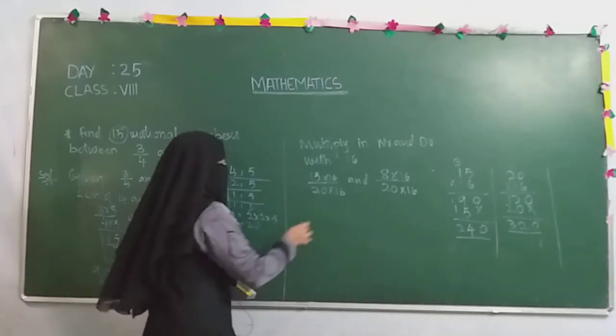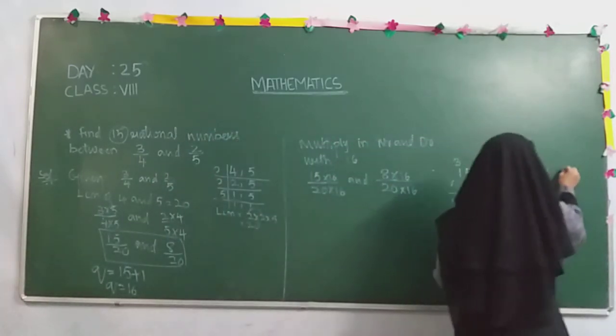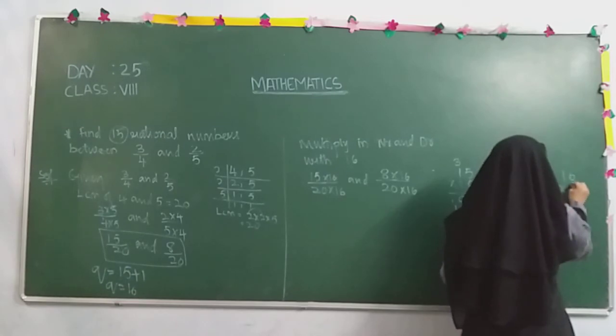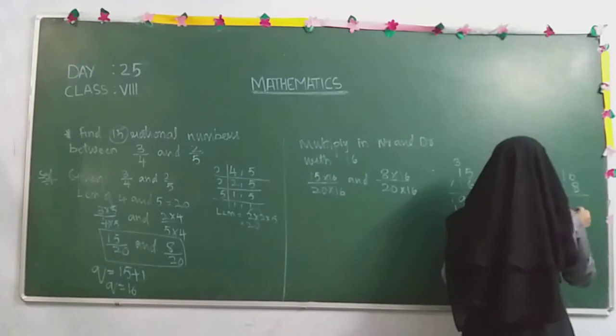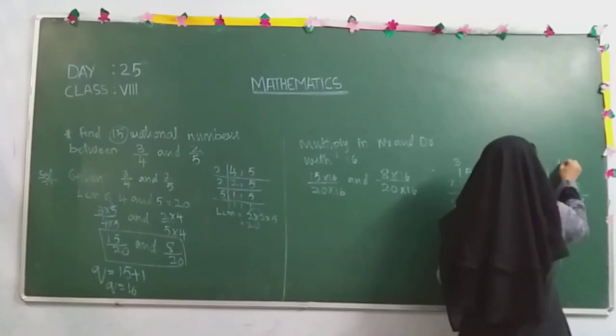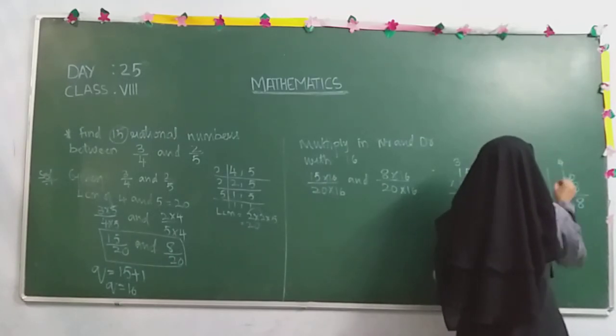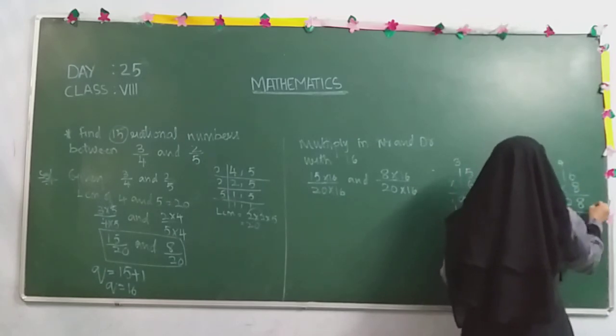Next number is what? Yes, 16 into 8. 8 times 6, 8 times 8, 8, 4 carry. 8 ones, 8. 8 plus 4, 12. 128.